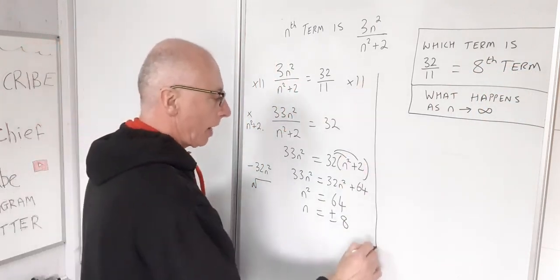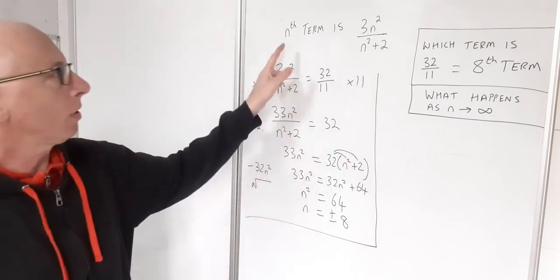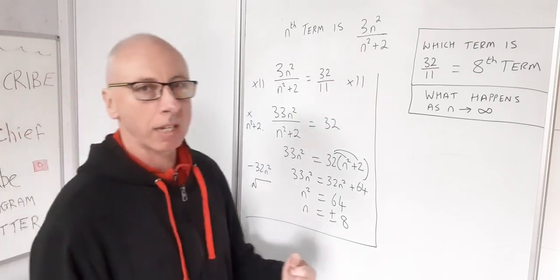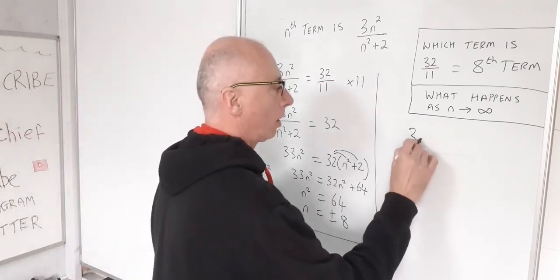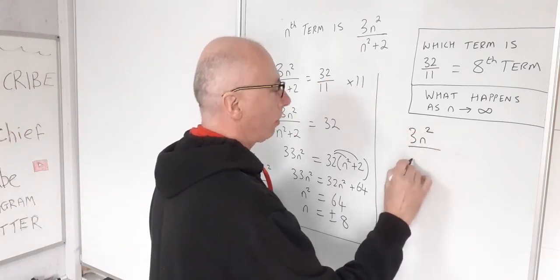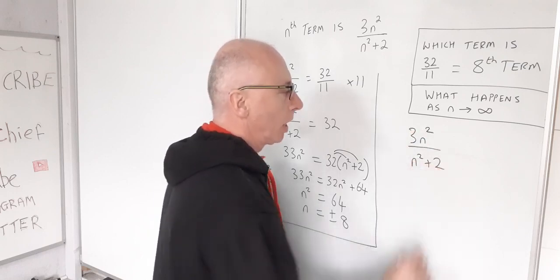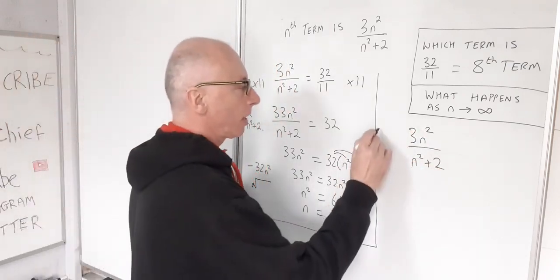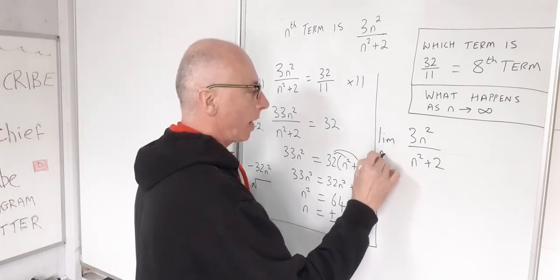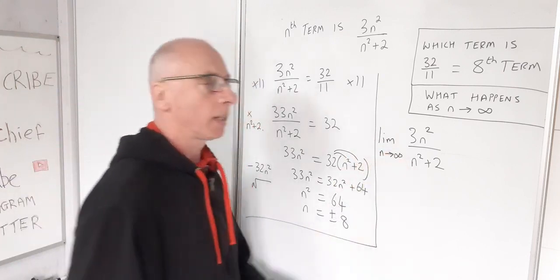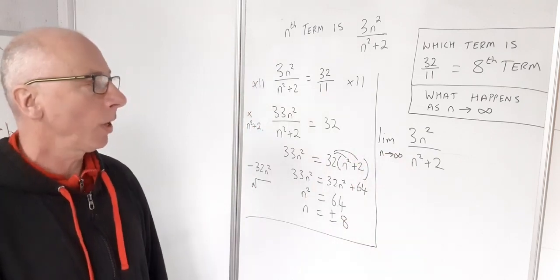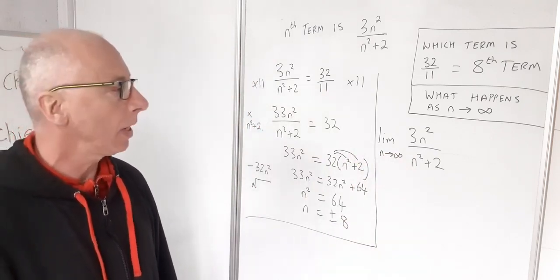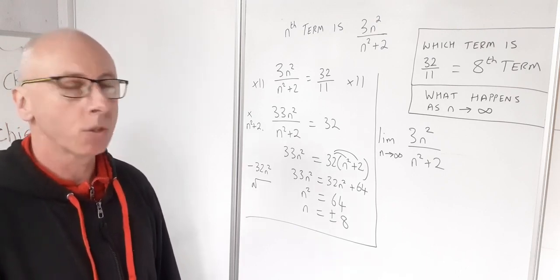Okay, so now what happens as this approaches infinity? Well, if I just write out my sequence, 3n squared over n squared plus 2, now what I want to do is take the limit as n approaches infinity. So the limit as n approaches infinity of all of this. Now what I would do here, I would divide every term in this fraction by n squared.